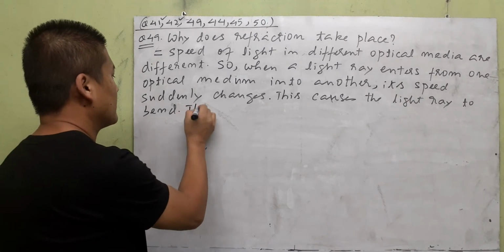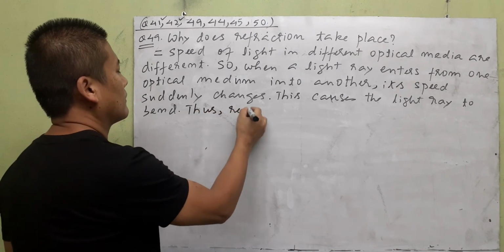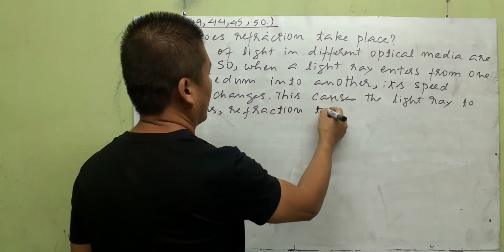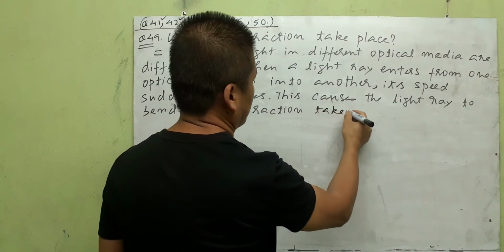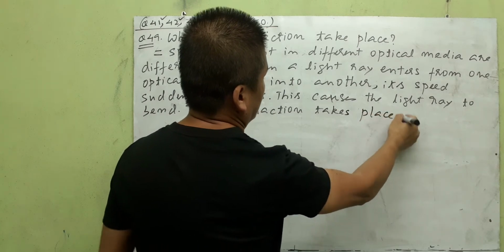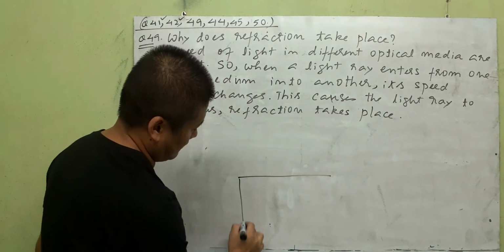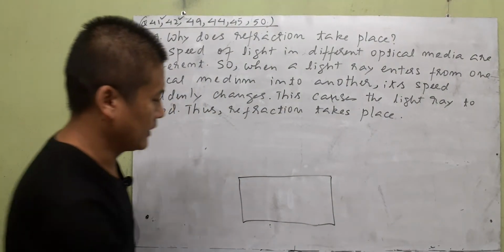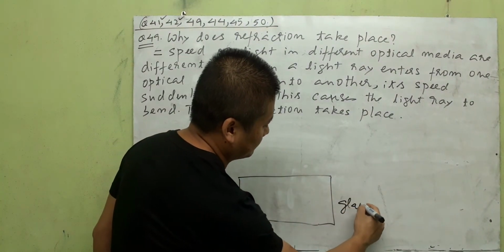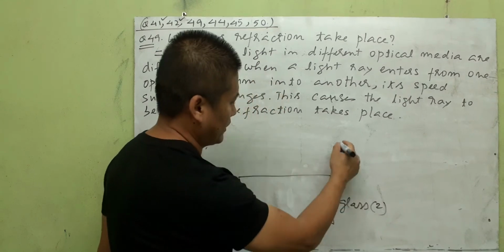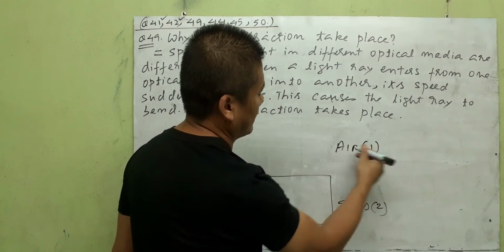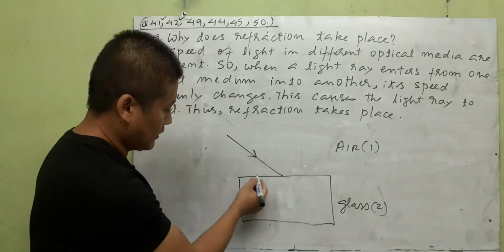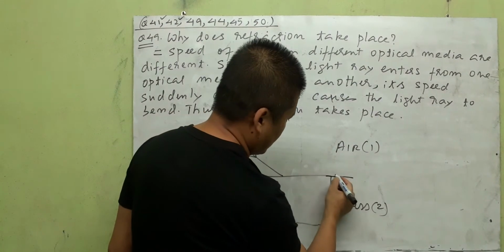So this is the reason refraction takes place. See here, this is glass, let us say. You can draw it roughly also, it's not necessary to give in the exam. Second medium, medium 2, and above it is air, medium 1. So let us say a ray is entering from air to glass, and this border is called the interface.